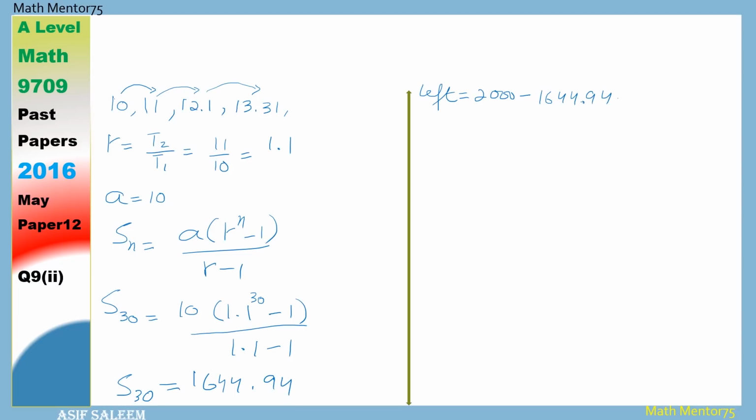Subtract these two values. So the total amount now we have inside the water tank is 355.05 liters. This much we have still inside the water tank.